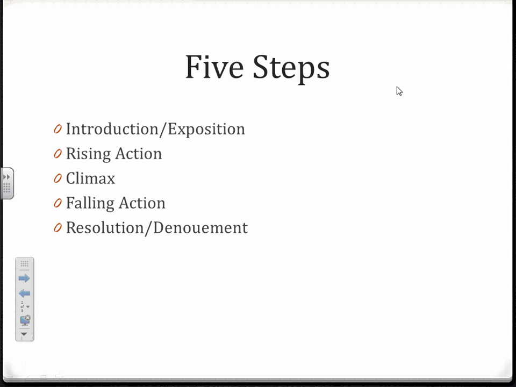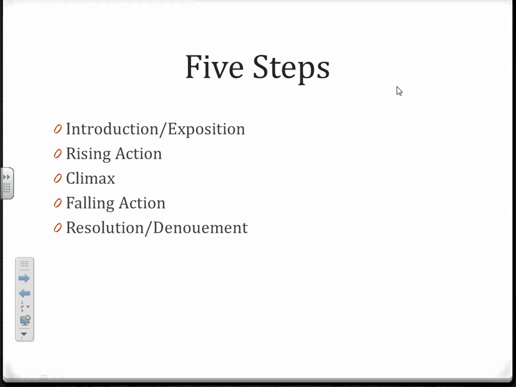So, plot basically is how it goes. There are 5 steps in plot, and everybody should be writing this down. The title of your notes should be plot. Make sure you put today's date on it. Every single plot has 5 steps. You get your introduction or your exposition, and they're the same thing. They're the same thing.